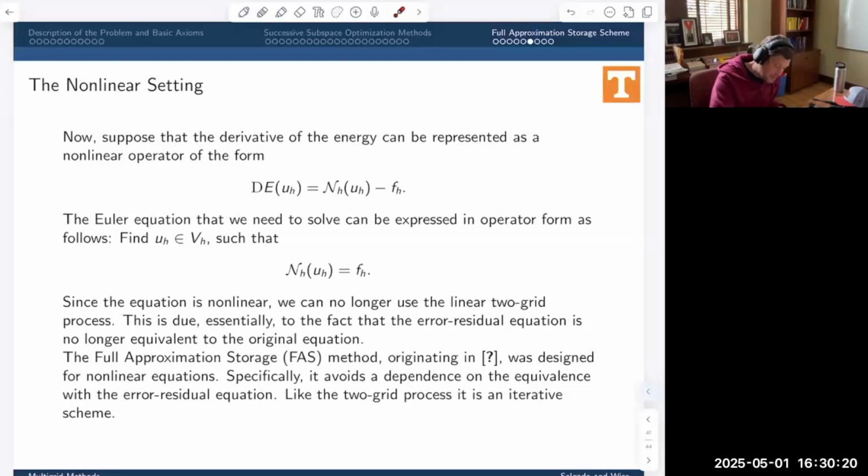So instead of solving, this is hammered into us. Remember, whenever we have a linear system, it's always the stiffness matrix that we have to invert, right? We have to solve AU equals F, right? But now this is no longer what's coming out, because the thing that we get when we take the variational derivative or the Frechet derivative is not something which is linear, but something which is nonlinear.